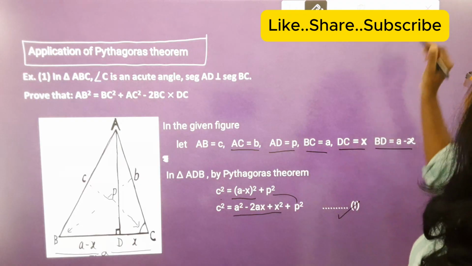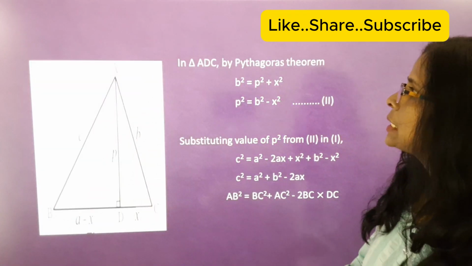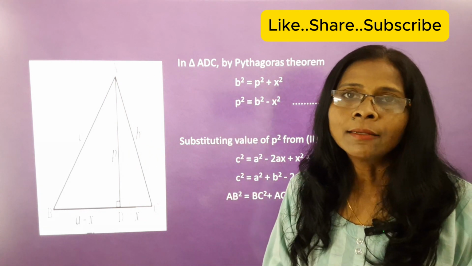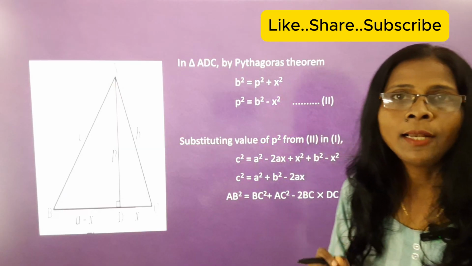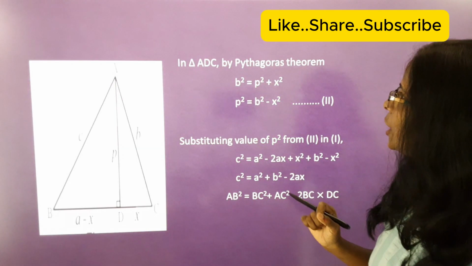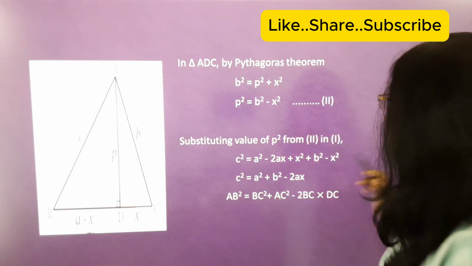Now see the next part here, students. In triangle ADC, choose the second triangle, which is a right angle triangle, and apply the Pythagoras theorem. So b square is equal to p square plus x square.